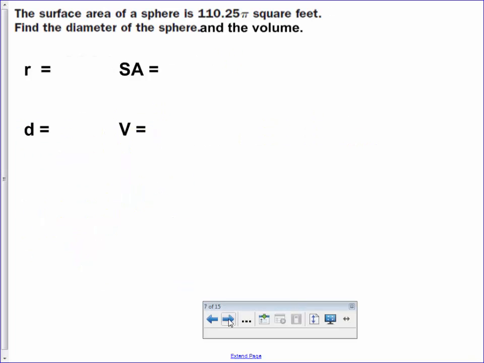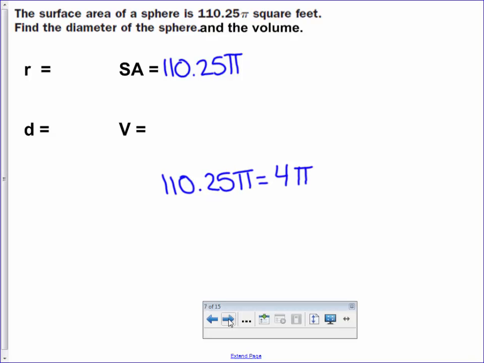All right, this time it actually gives us the surface area is 110.25 pi. So we're going to start there. Now this time we're going to set that equal to the surface area formula, which is 4 pi r squared. So we need to solve for r first. Once again, you can divide out by pi. Those will cancel out.